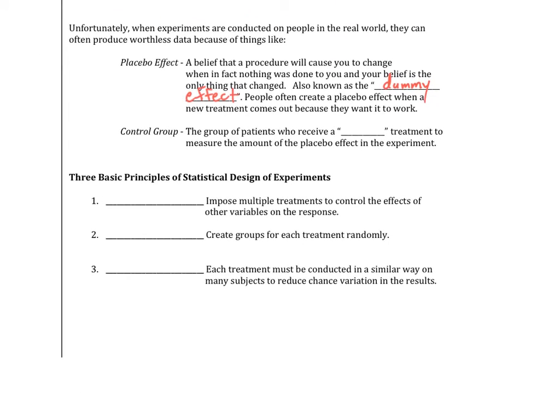The control group is the group of patients who receive a fake treatment. So this is the group you're controlling to measure the amount of the placebo effect. So it could be like, let's say in your weight training class, there's 50 people in there and you want to do a study on steroids.